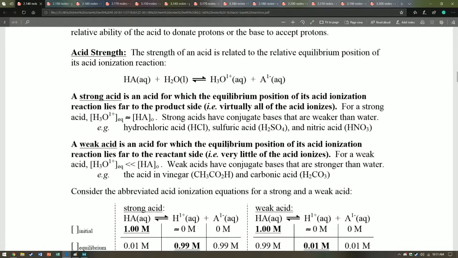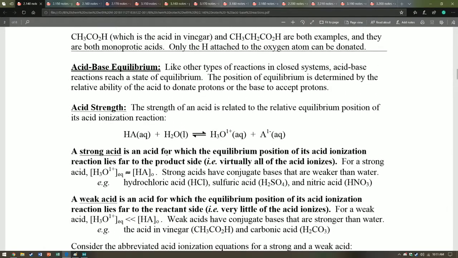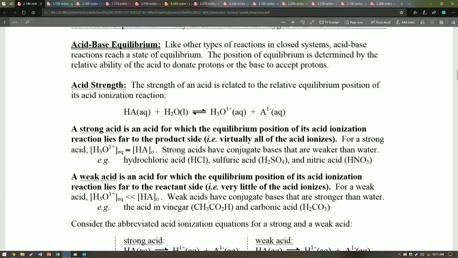The last thing I want to mention is strong acids and weak acids, but before that, we need to consider acid-base equilibrium, because this will help us distinguish between the two. In aqueous solution, the reaction will generally behave like a closed system, and therefore it'll go to equilibrium. Now, a strong acid is an acid whose equilibrium position lies far to the product side.